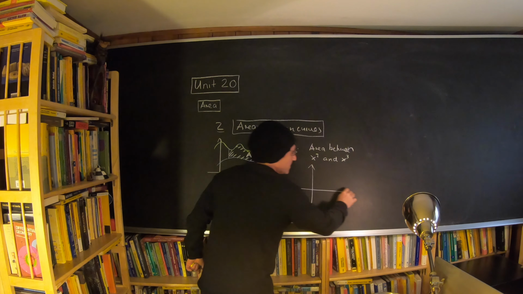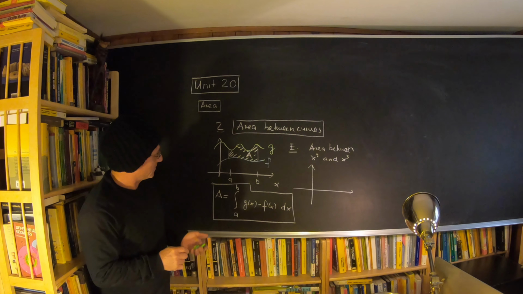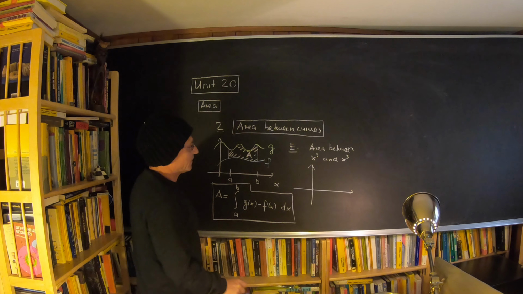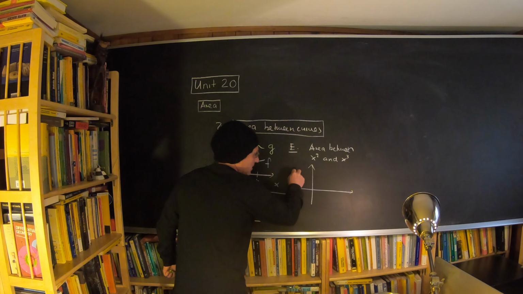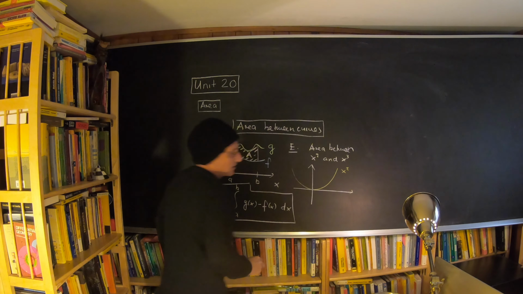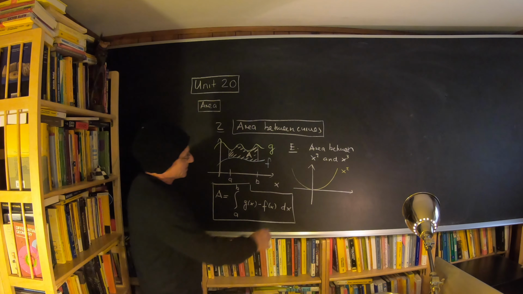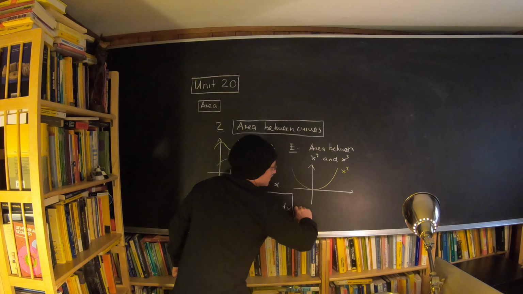So what does this mean? The area between x squared and x cubed, we have to make a graph. We have to draw the graph of this function. So x squared is the parabola here. So that's x squared. And then we have x cubed, which is here this function.